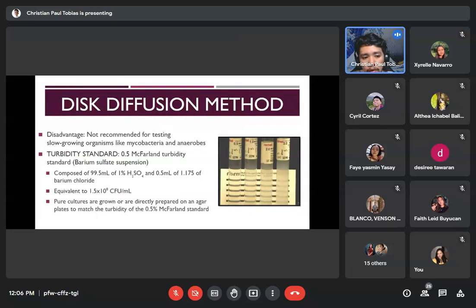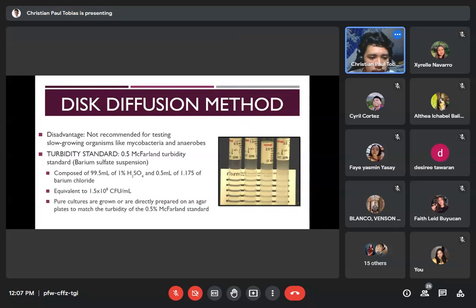Pure cultures are prepared to match the turbidity of the McFarland standard. So, always check the turbidity pag nagmamatch siya sa McFarland standard na meron ang laboratory nyo. Kung mayaman ang lab or kung marami kang time, pwede ka namang gumamit ng spectrophotometer. Ipapasok mo lang sa spectrophotometer, then dapat ang optical density is 0.5. Siguro lahat naman alam na ang spectro, di ba? Lahat naman kayo may CC lab.